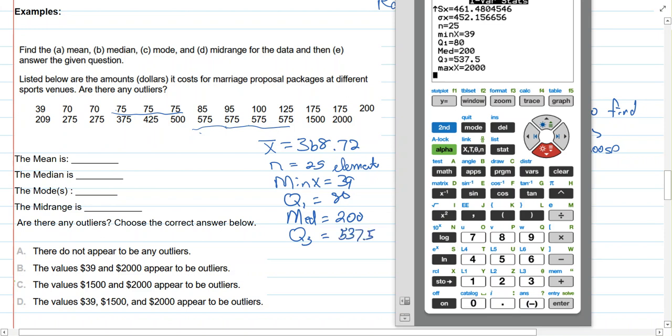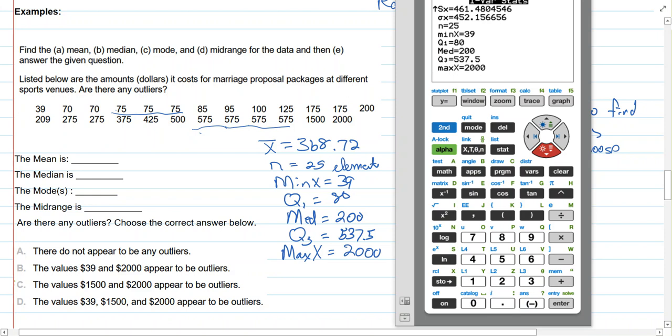You can see that because it's odd data, but it's even after the median, it's going to be the average of the two paired items. Then we're going to have the max X, which is 2000.